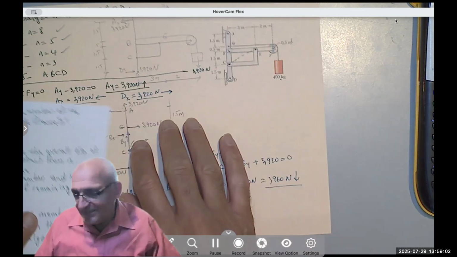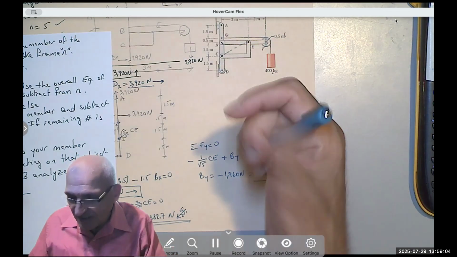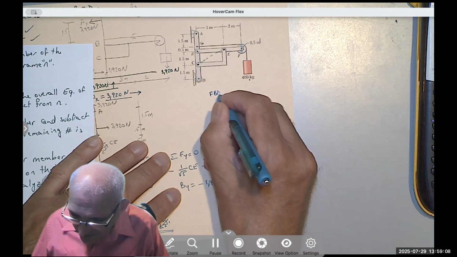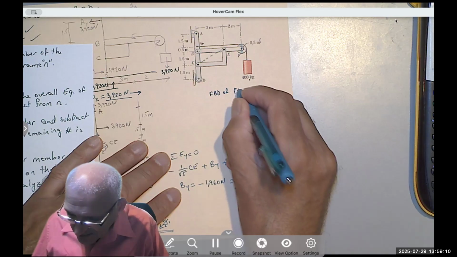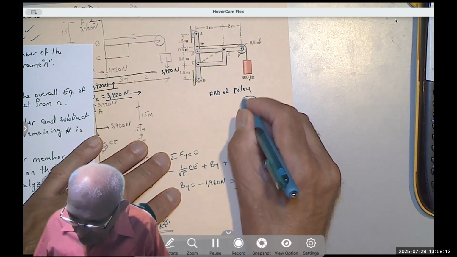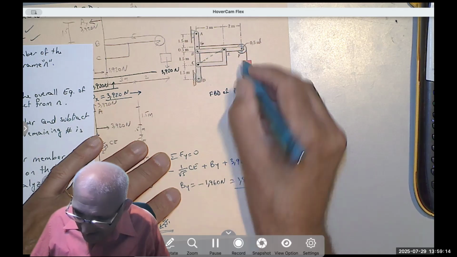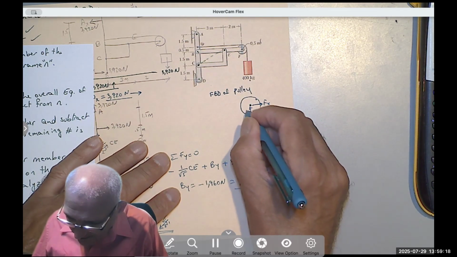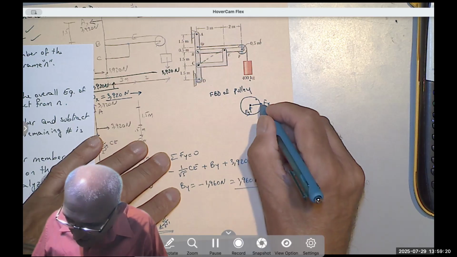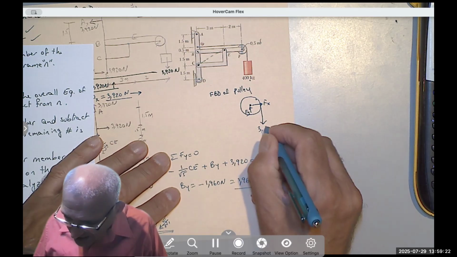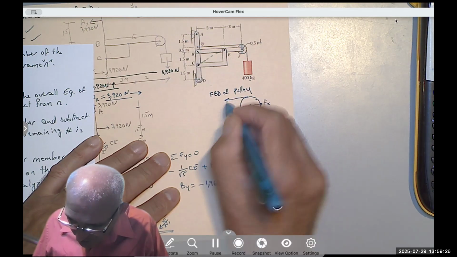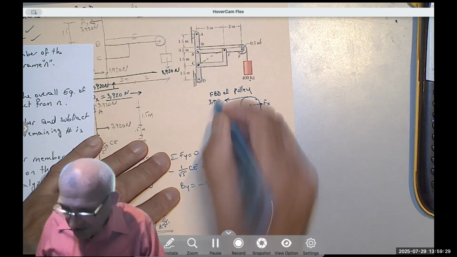In fact, let's draw the free body diagram of the pulley. Here is the pulley. It's at point F, there is an Fx and an Fy. There is a load coming here of 3920 Newton, so there must be another load of 3920 here.